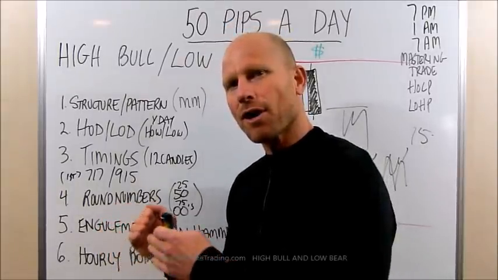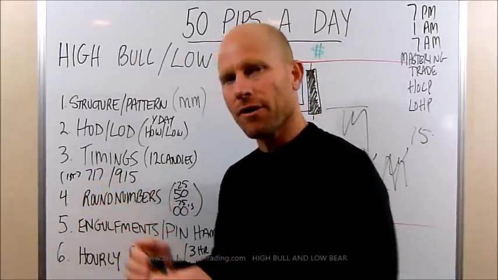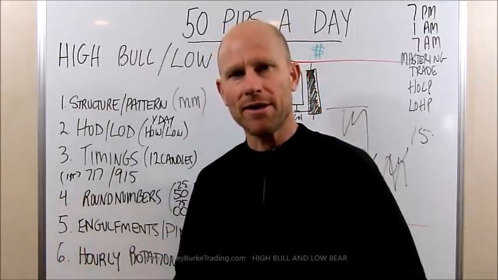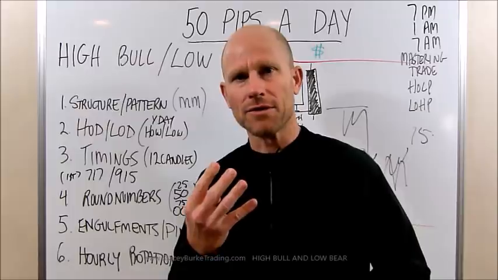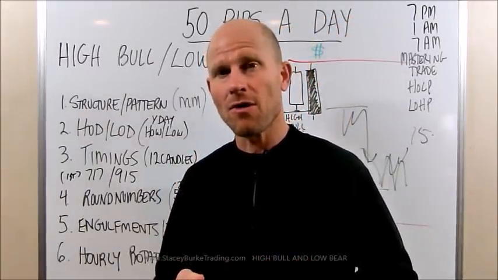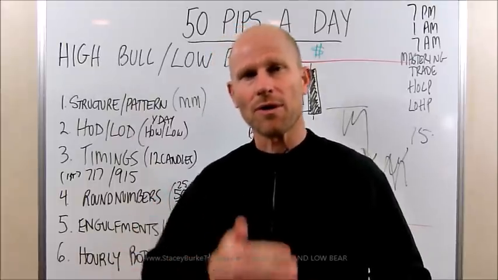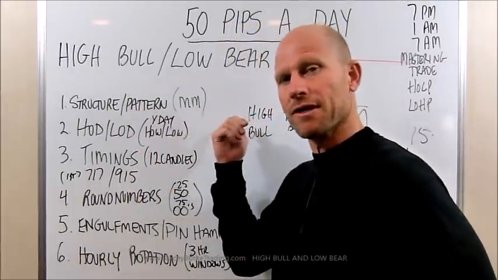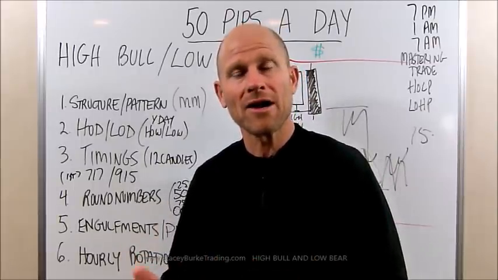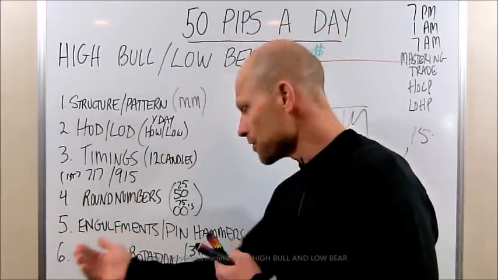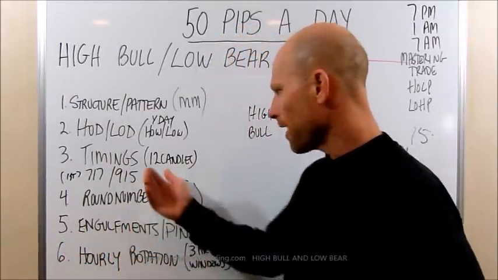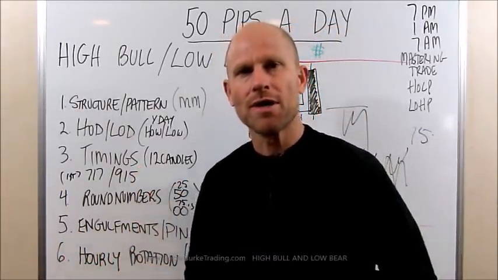So as that market extends out further, the hourly rotation in your head, you should be thinking 4 candles. So if you have a high or a low, each hour you're looking to see if there's an indication from the market of either just a consolidation and a pullback or an engulfment reversal that coincides with that hourly rotation just prior to the next session's window.